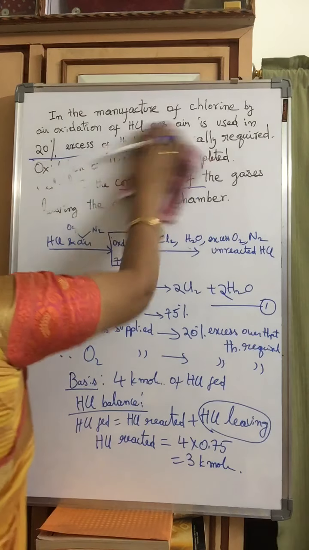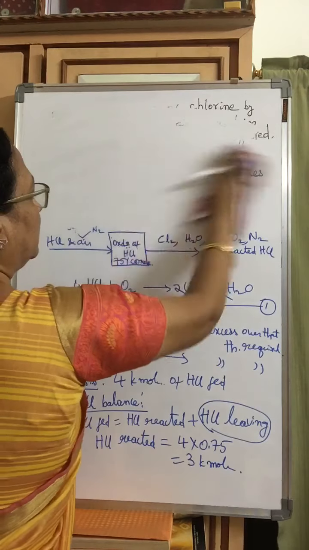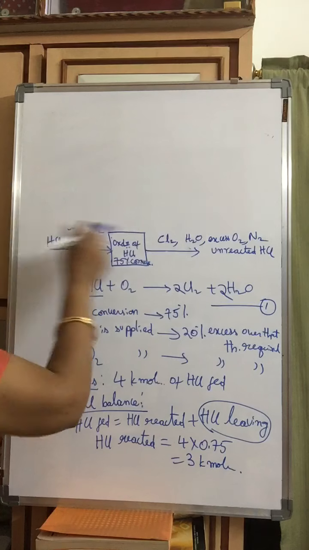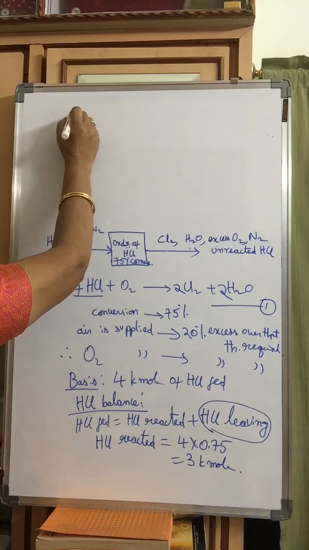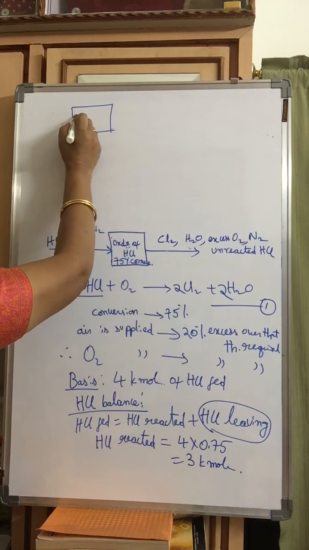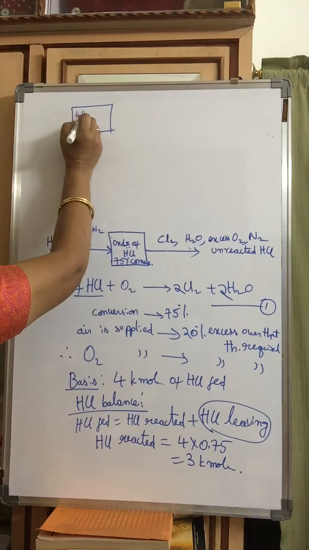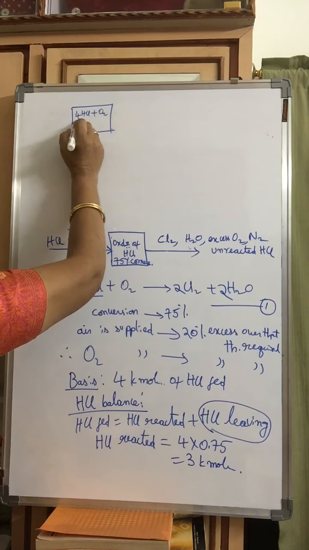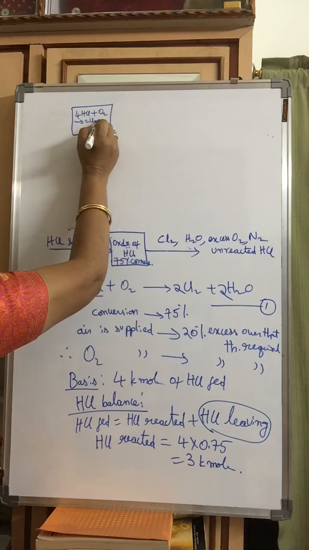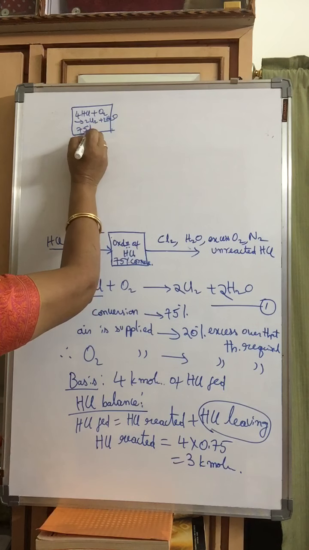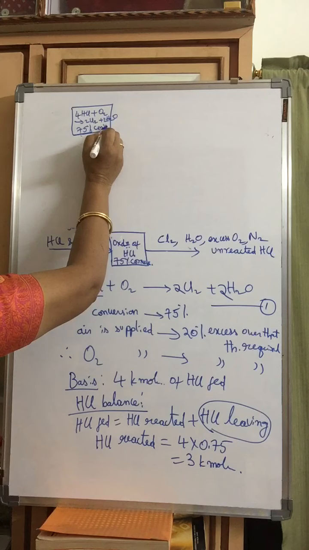Then we write this here and keep it. 4 HCl plus oxygen gives rise to 2 chlorine plus 2 water, 75% conversion.